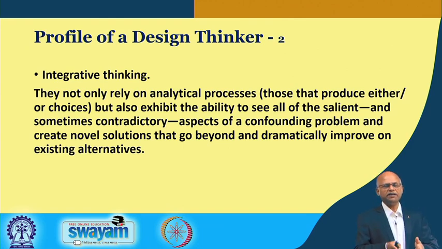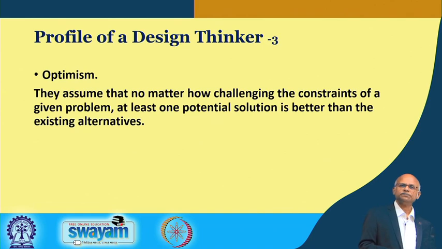So, we think in a path, but there are people who can actually think the other way also, meaning something which is contradictory, which is conflicting, they are capable of connecting these two, meaning think in both directions and then connecting the two. So, eventually they come up with dramatically improved existing alternative solutions.